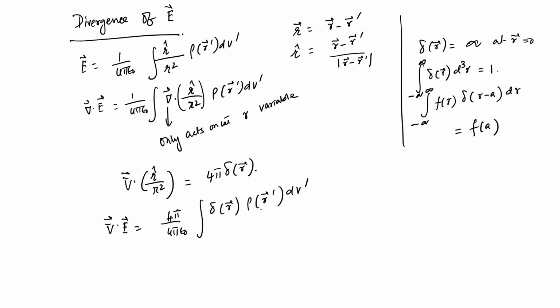So, this is equal to rho of r, and this 4 pi will cancel. So, this is equal to rho of r divided by epsilon 0, and this is what we said can also be obtained from Gauss's divergence theorem. So, so much for the electric field and Gauss's divergence theorem.